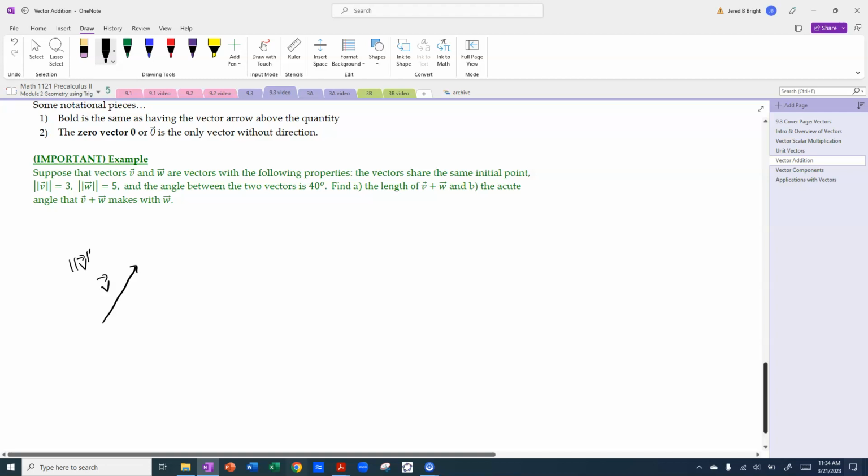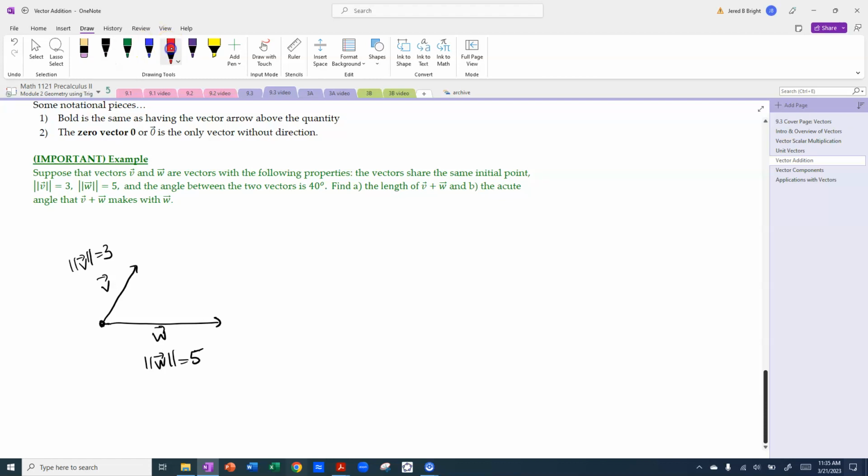The magnitude of v is 3. And then we are working with w. The magnitude of w is 5. And we know they share the same initial point. The angle between them, this whole angle in here, is 40 degrees.